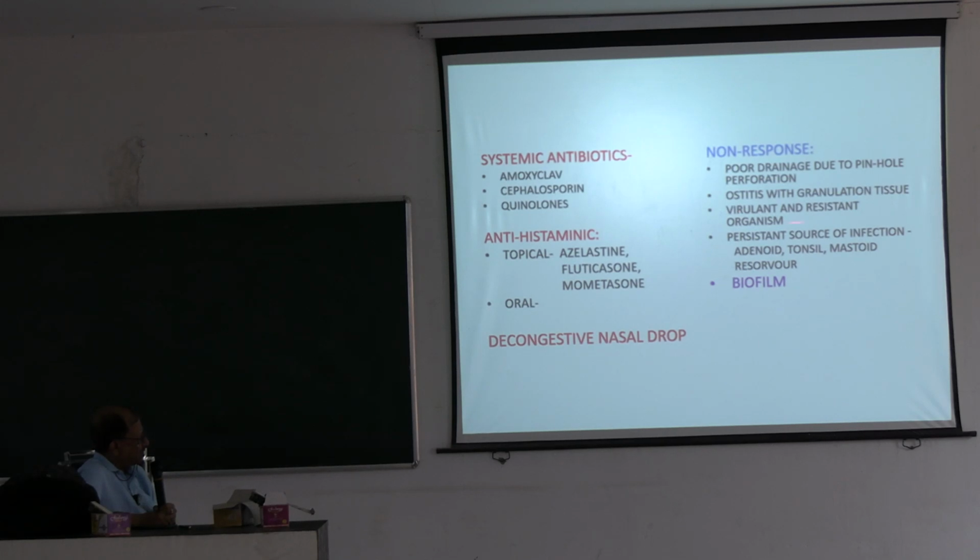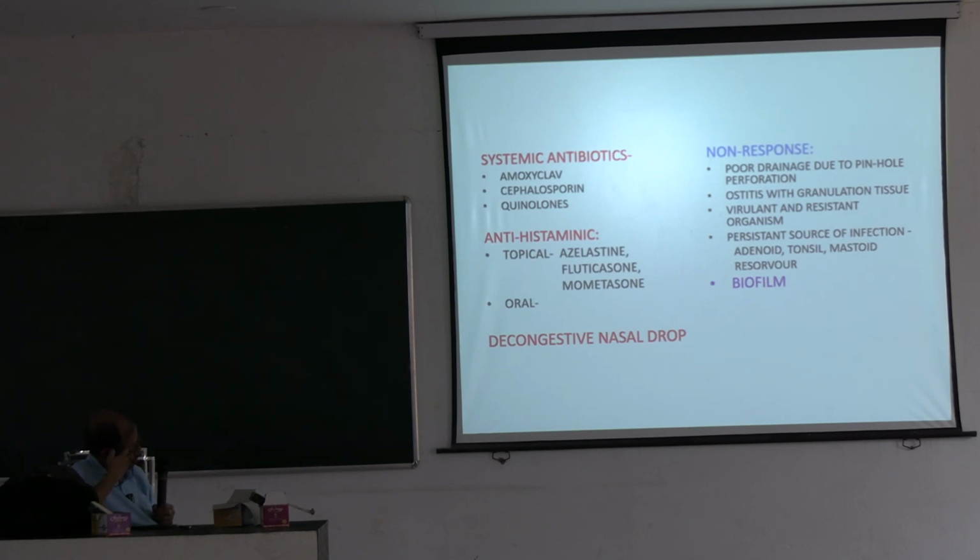And virulent and resistant type of organism. The organism becomes virulent and resistant to multiple antibacterial agents. And persistent source of infection from adenoid, tonsil and mastoid reservoir. That is the marked mastoiditis.